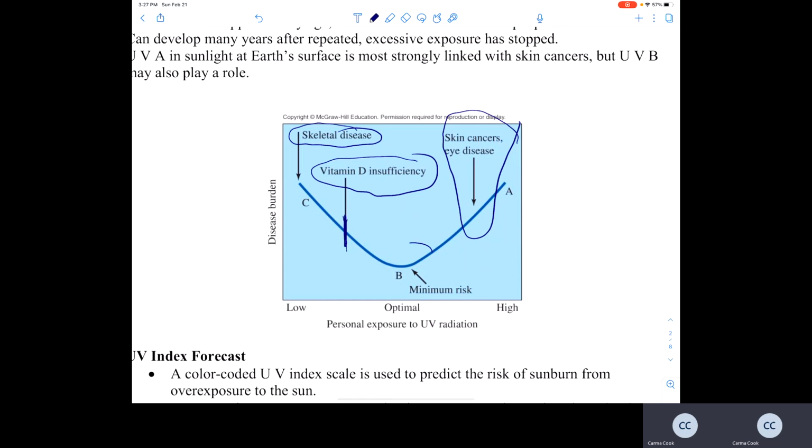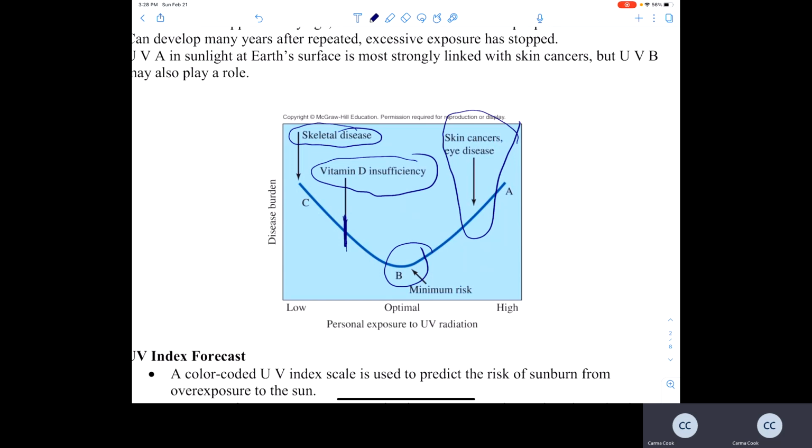So you want to be at minimum risk and to have just enough exposure to sunlight to get adequate vitamin D, but not overexposure. So limiting the amount of time that you're exposed to UV radiation is a good thing, by not being exposed for continuous hours at a time, but short exposure times is the best way to go.